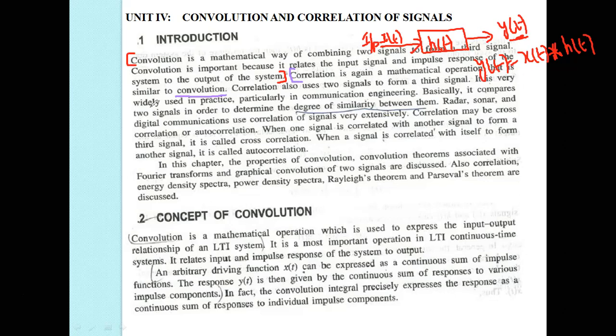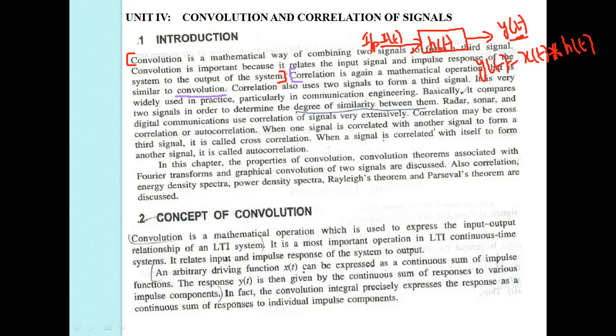It is very widely used in practice, particularly in communication engineering. Basically, it compares two signals. Correlation means correlated between the two signals. The name itself says that it is a correlation, correlated between the two signals for the input signal and the impulse response signal.